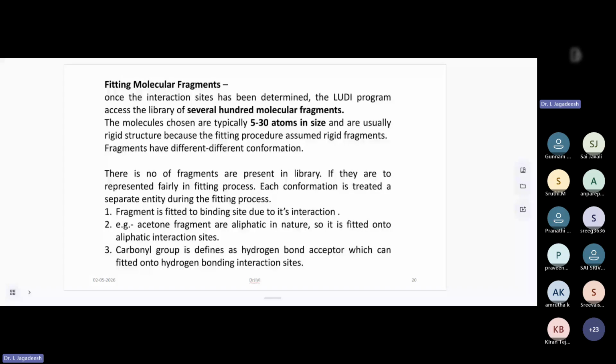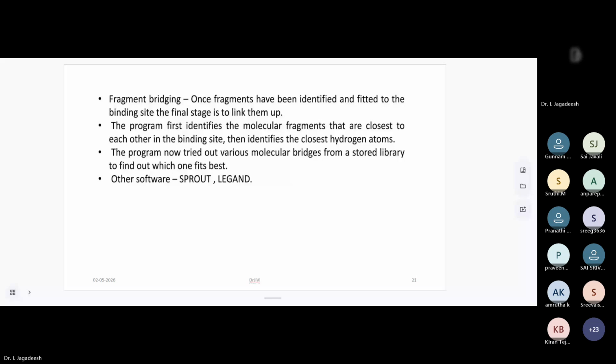So the CO group, where it is present in the fragment, can be attached to the interaction site. Like this, most of the time the computer itself picks up these fragments for the interaction site, suggests them for you, and gives the scores. Then comes fragment bridging: after the fragment selection is over, we need to bridge the fragments.